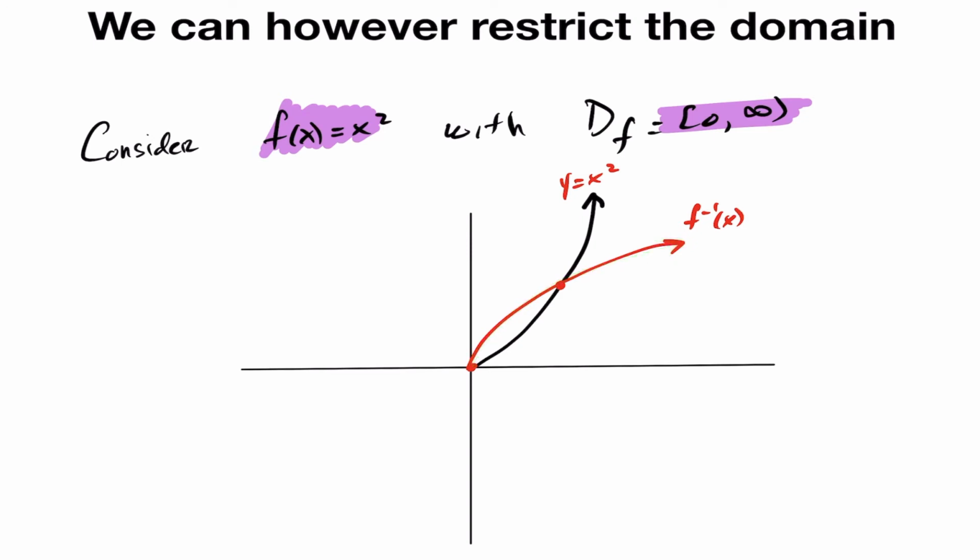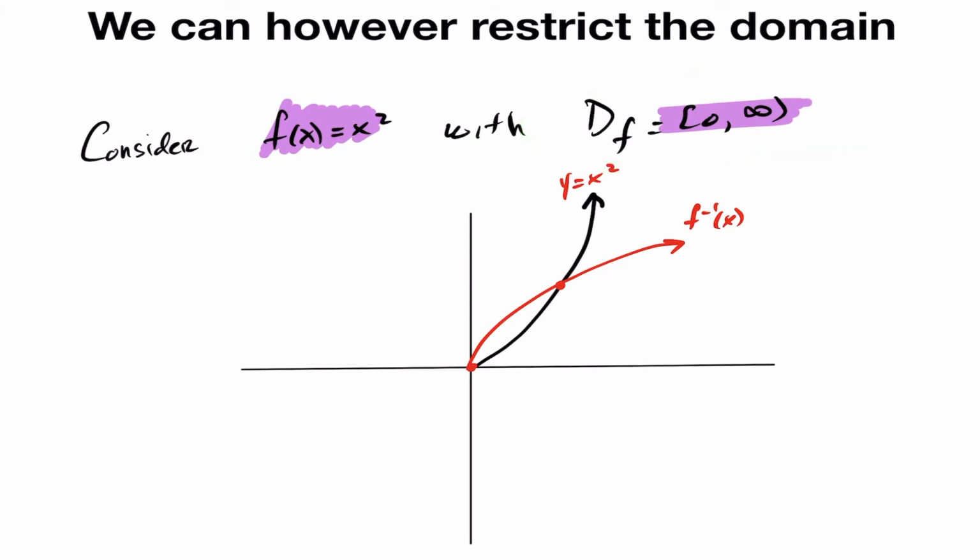You're not going to have a situation where for a given x, there's two different outputs. That came about because we restricted the domain from 0 to infinity. By doing so, we ignored the left-hand side of this quadratic, which would have ended up coming down here, and then we would have had issues regarding the inverse being a function. So by restricting the domain of your original function, you can create an invertible function.